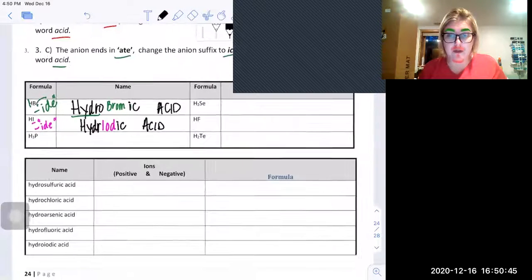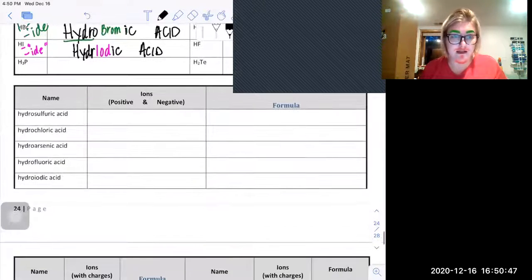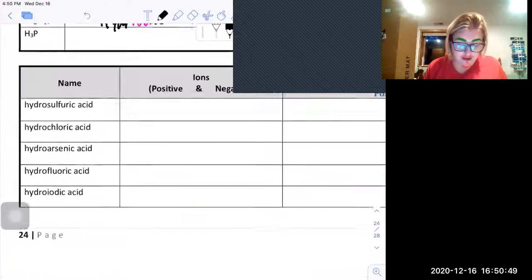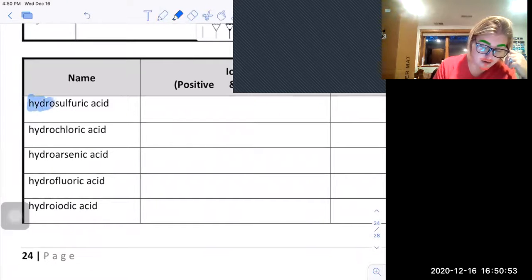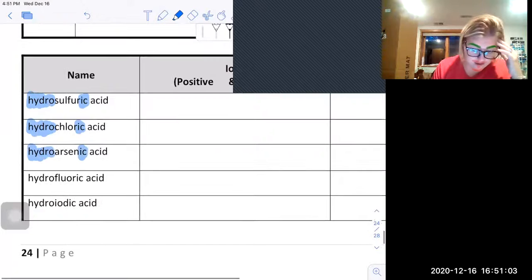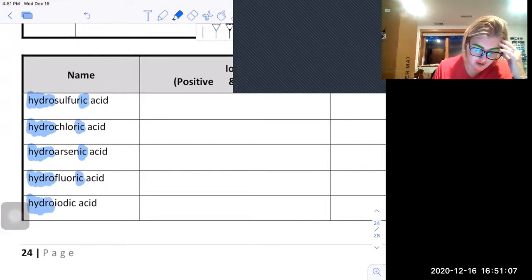All right, so that finishes this top box. Let's move to the next box. We got a whole bunch of other hydros: hydro, IC, acid, hydro, IC, acid. All of these on this page are hydro, IC, acid, which wasn't very smart of me.